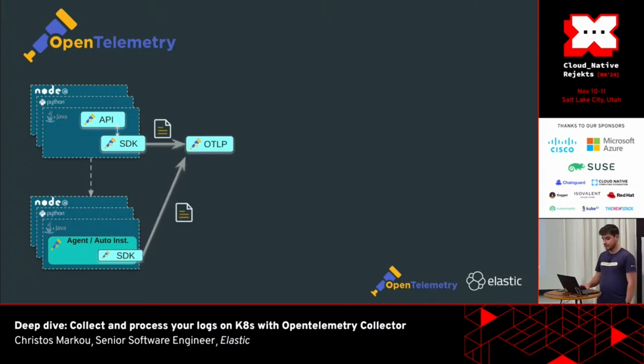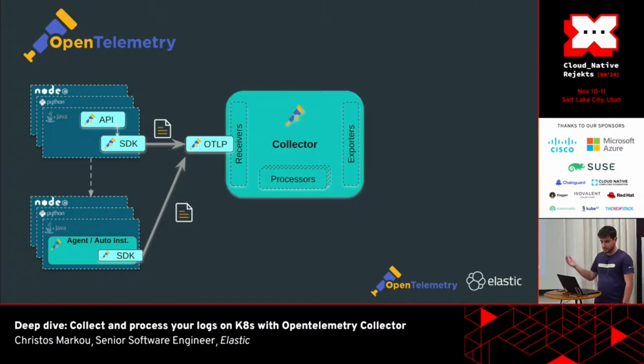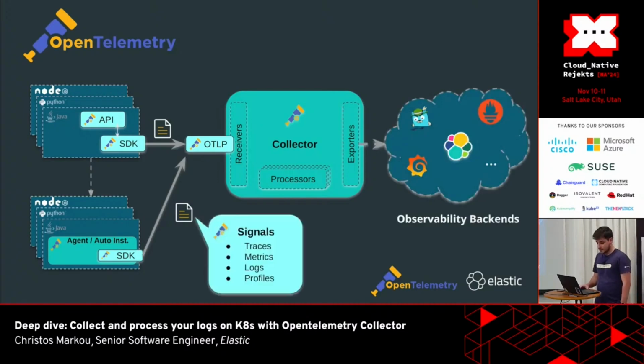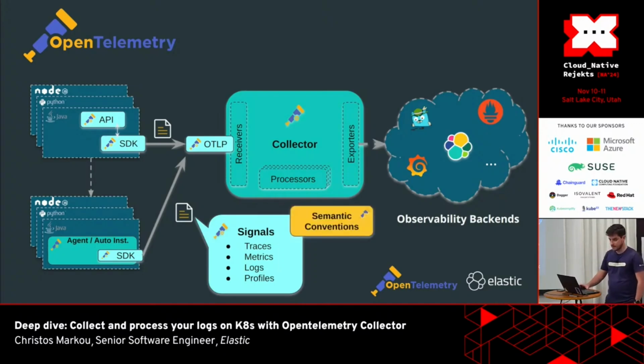Then using the OpenTelemetry protocol, we can transport them to another component, for example, the OpenTelemetry Collector, which can receive, process, and export OpenTelemetry data to a remote observability backend specifically. These signals are usually traces, metrics, logs, and profiles, and they follow the semantic conventions, rules, and guidelines.